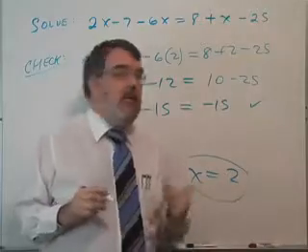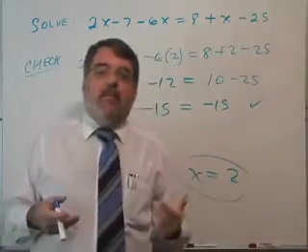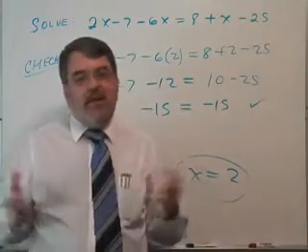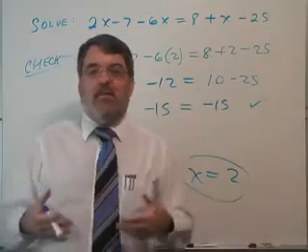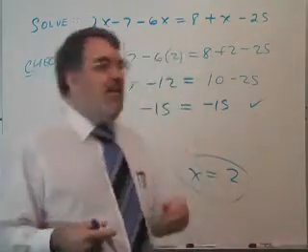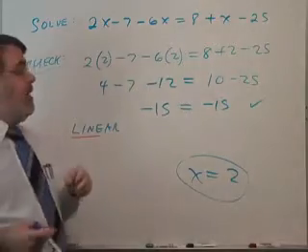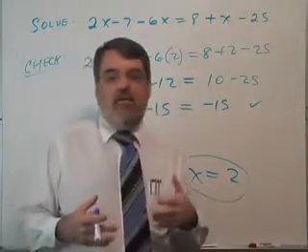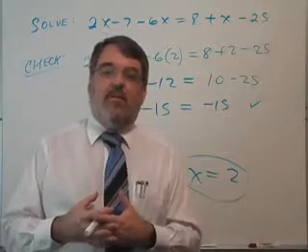You don't have a variable in a denominator, like 1 divided by x. You don't have anything like square roots or logarithms or sine or cosine. So this is a real typical linear equation. And it turns out you can show that linear equations really do represent lines.